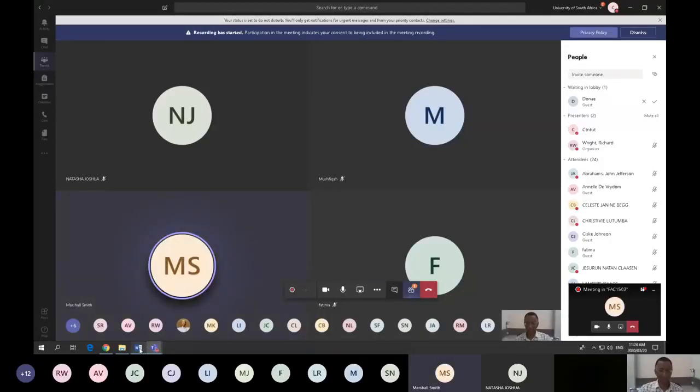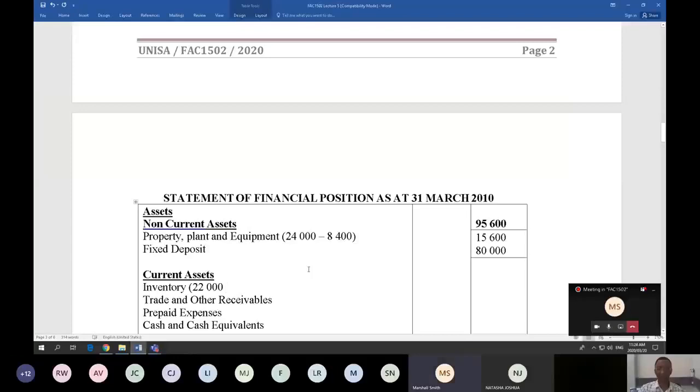I was explaining to you guys the importance of your formats. You need to know your format, okay? So under your current assets, guys, we are on to our first item, which is the inventory. The inventory consists of your closing stock as well as consumable stock on hand.